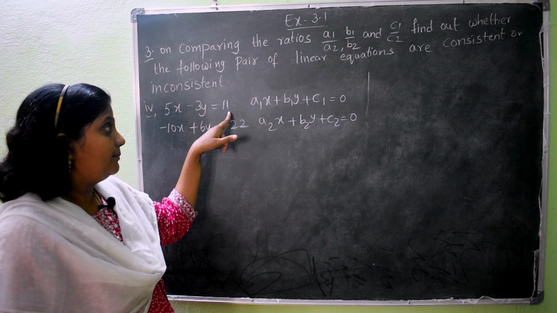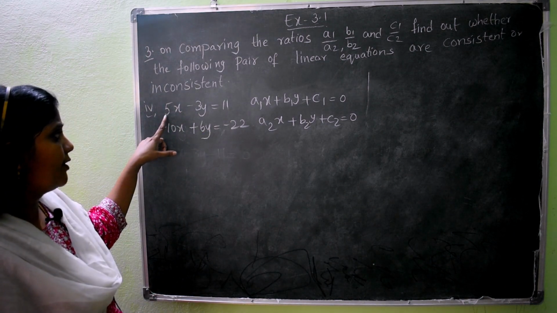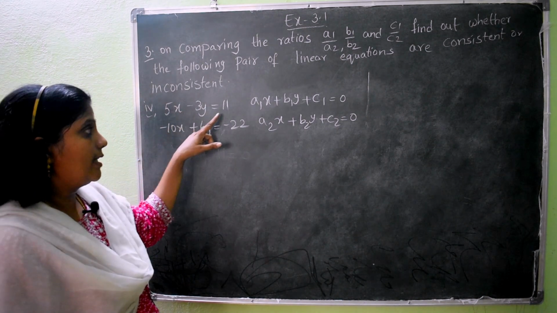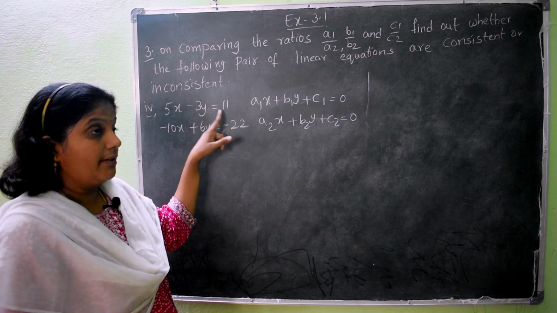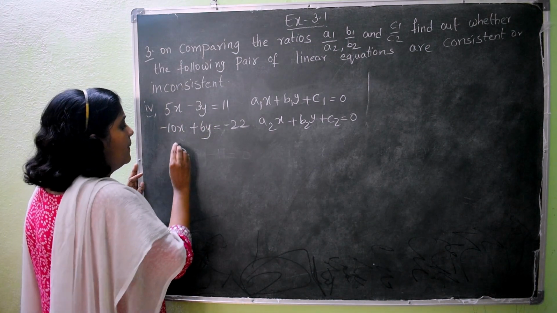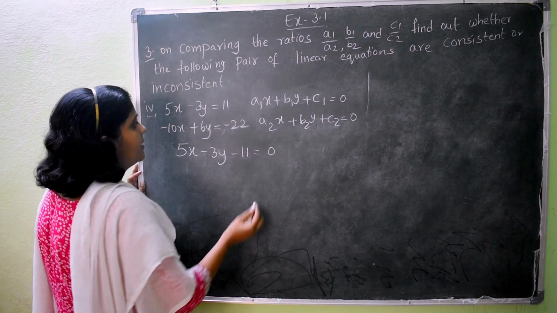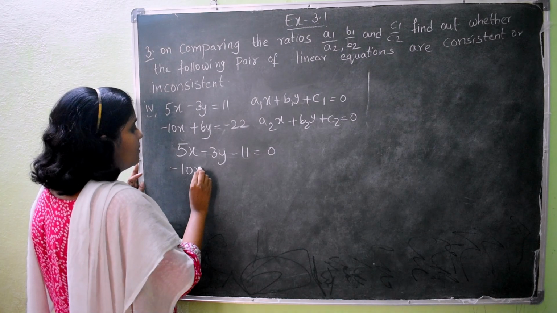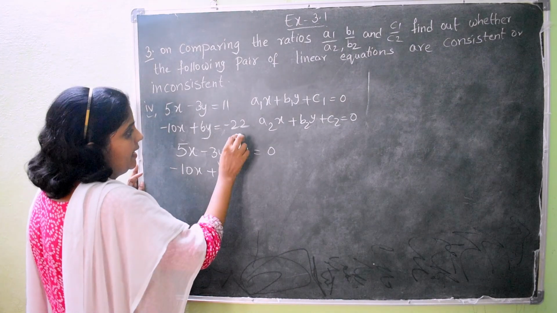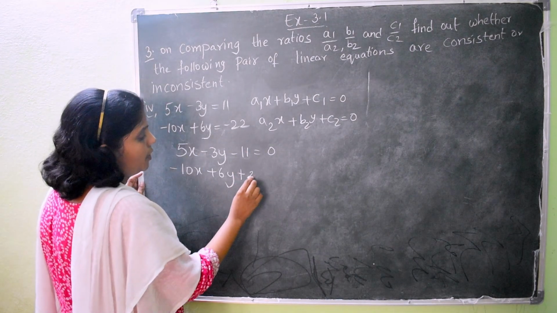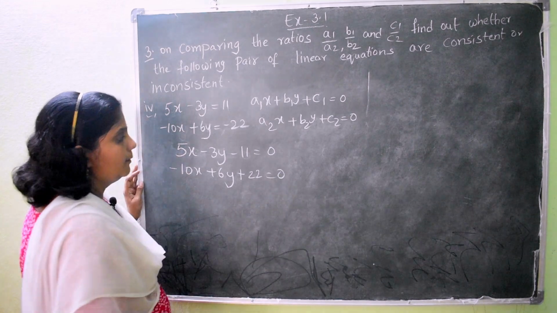Read the first linear equation: 5x minus 3y is equal to 11. This plus 11, when it comes to this side, becomes minus 11: 5x minus 3y minus 11 equal to 0. And minus 10x plus 6y, minus 22 when it comes to this side becomes plus 22, equal to 0.